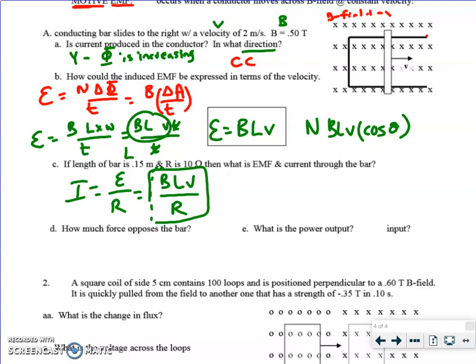And I want you to think about that from an energy standpoint. Could this continually slide on its own at a constant speed? If it did, its kinetic energy would stay constant. But as it slides and creates a changing flux, which induces a current in there, that current is going to produce power in the wires, and so there's some energy loss. So how can it maintain a constant kinetic energy if it's creating energy in the wires?